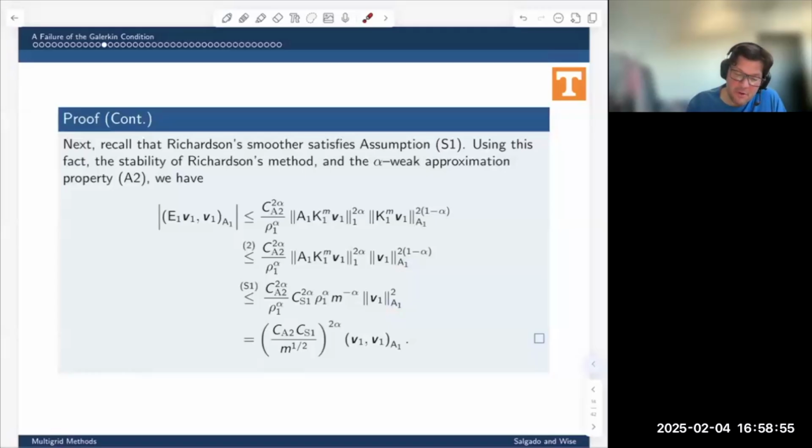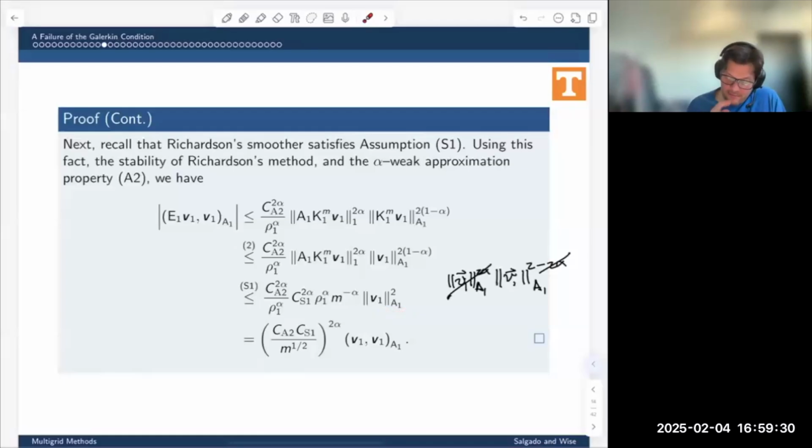In other words, I'm going to multiply this guy, V1 in the A1 norm to the 2 alpha, times V1 to the 2 minus 2 alpha, and the 2 alpha and the 2 alpha here cancel, and it just gives me V1 squared in the A1 norm. I forgot to write A1. That's why I get an A1 norm here.